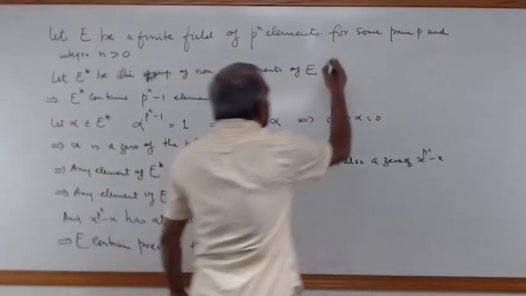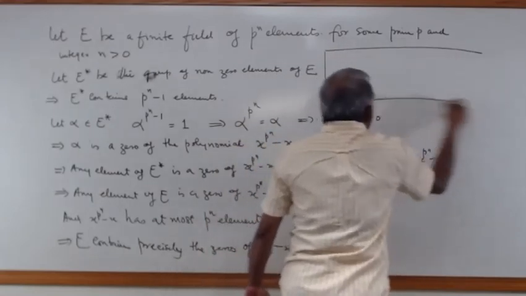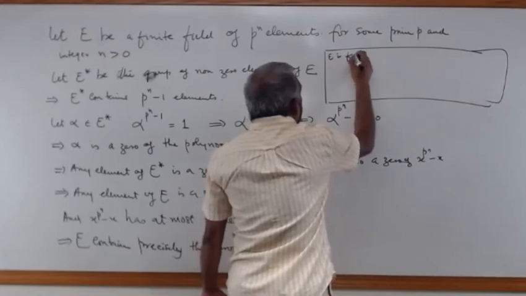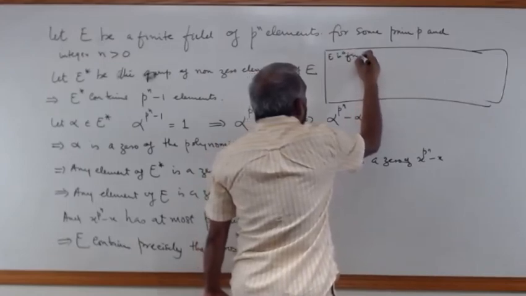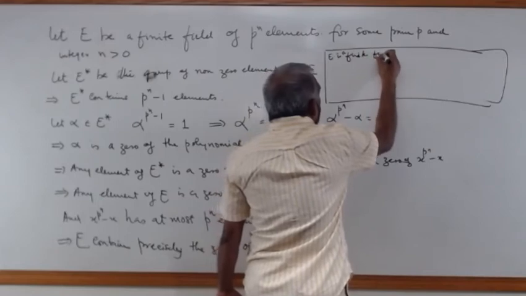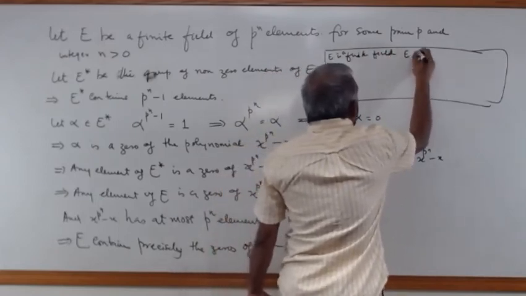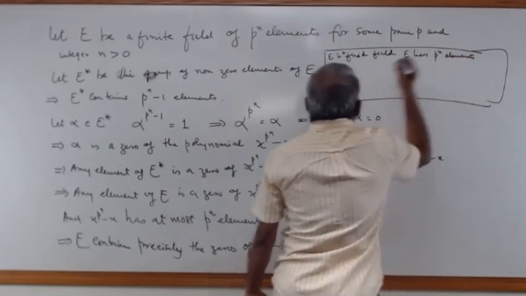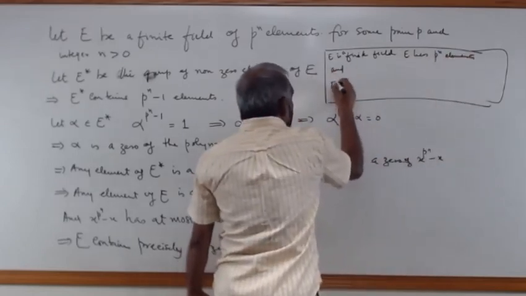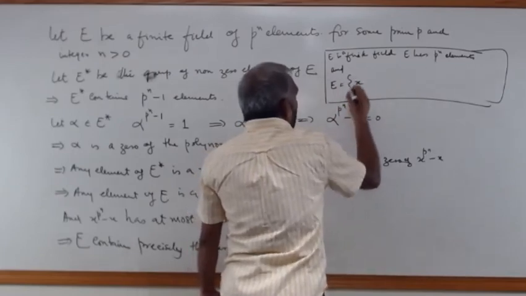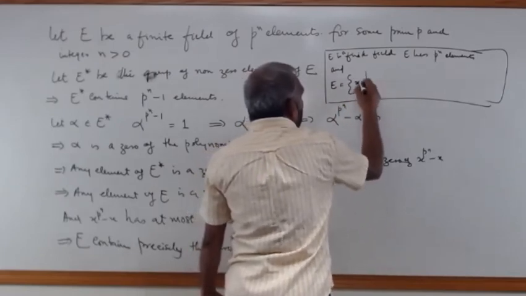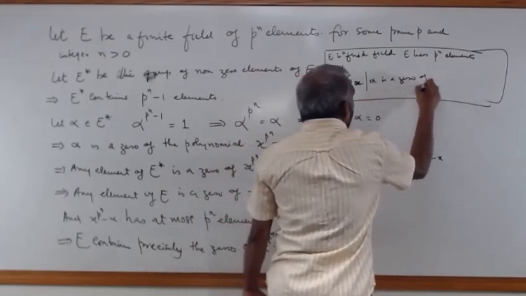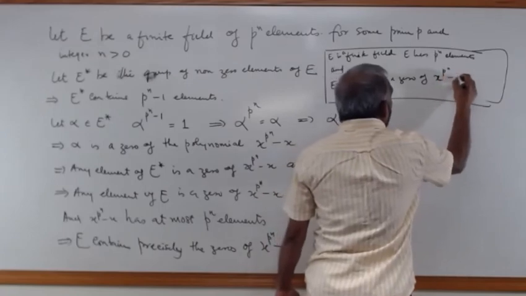So the result is: E is a finite field, then E has p to the power of n elements, and E is equal to the set of alpha, where alpha is a 0 of x to the power of p^n minus x.